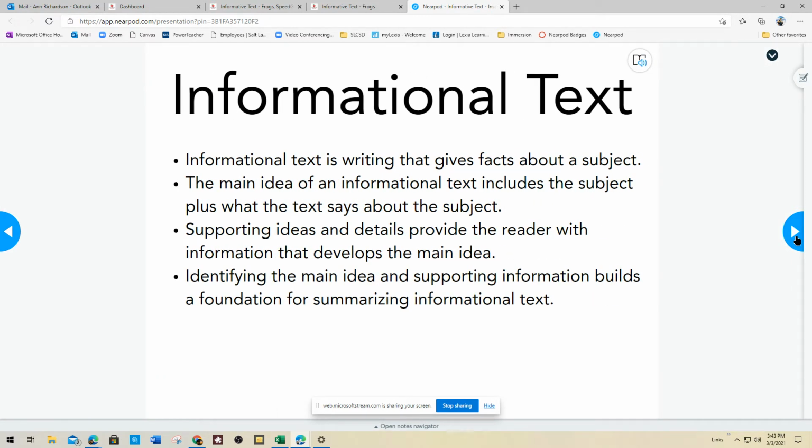Informational text is writing that gives you facts about a subject. So frogs being poisonous, that's the subject we're going to cover, and I think there's insects that we're going to cover as well. But it's going to cover a topic, right? That's why I was so bent and determined to have you guys look at nonfiction that had a subject and a main idea.